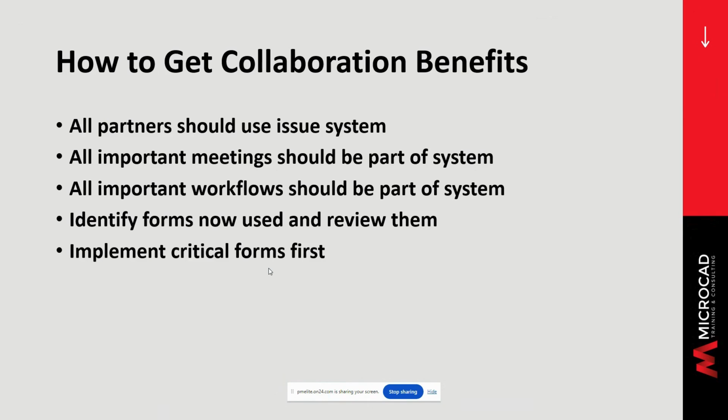Specifically, the issue management system is the one place where questions can be requested from anybody on the project. And those issues can be managed by the project managers on a daily basis to see which ones are assigned, which ones are overdue, and what are the important ones.